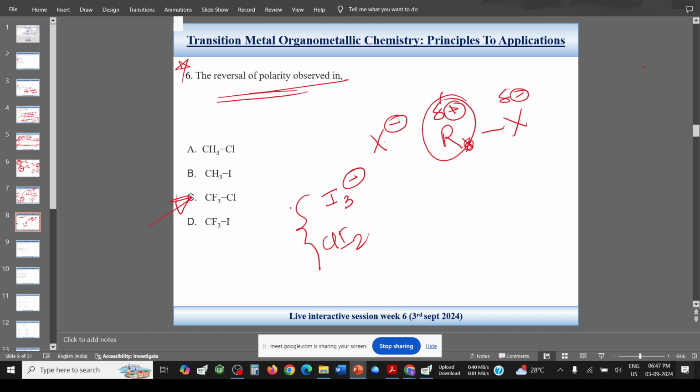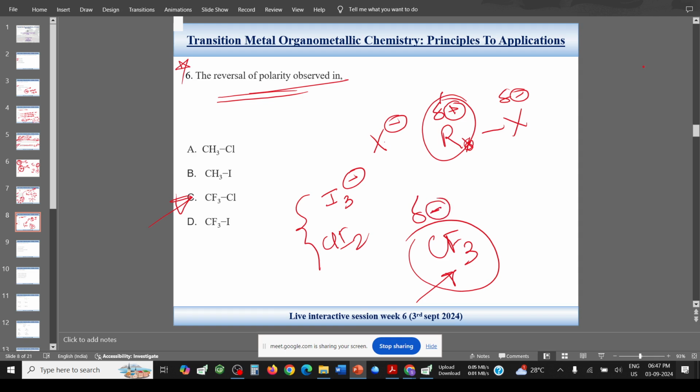So for these complexes CF3, because of the high electronegativity of fluorine, this generates a high negative charge.